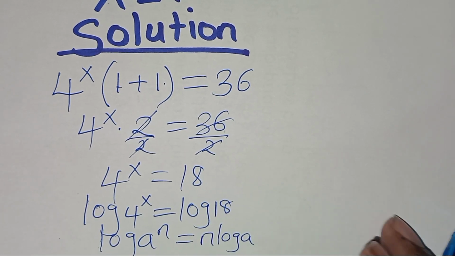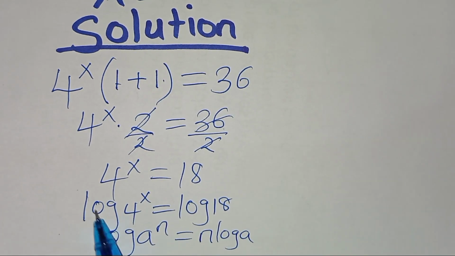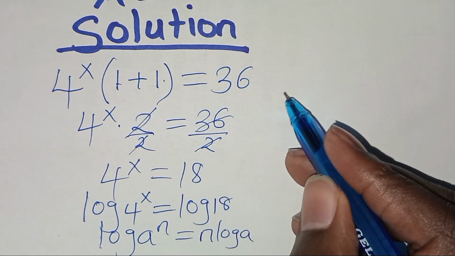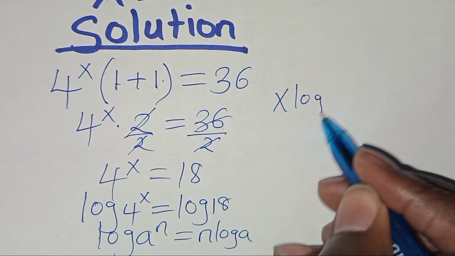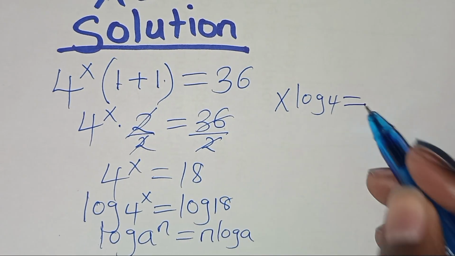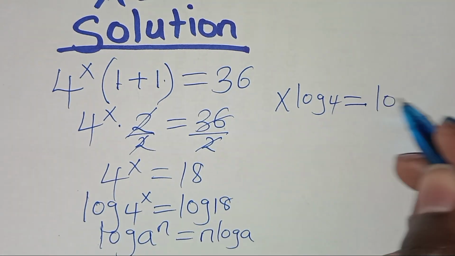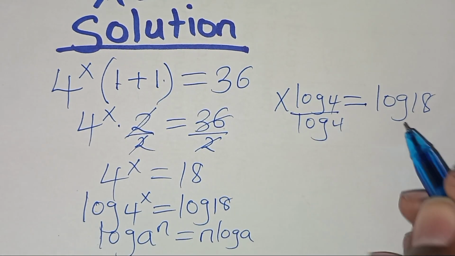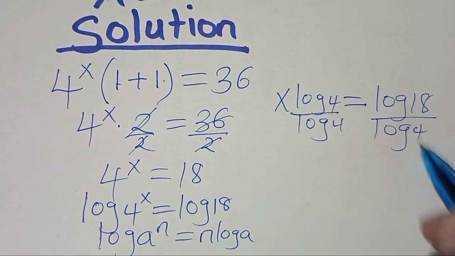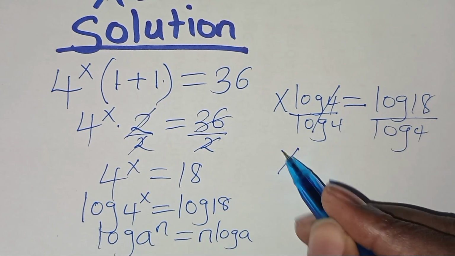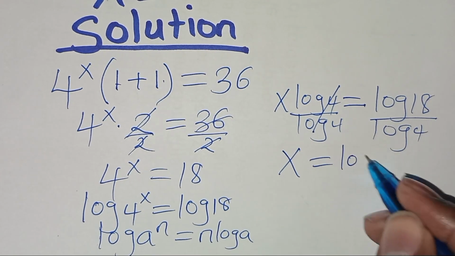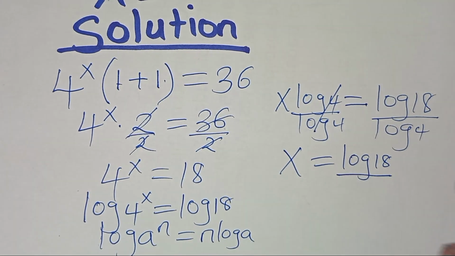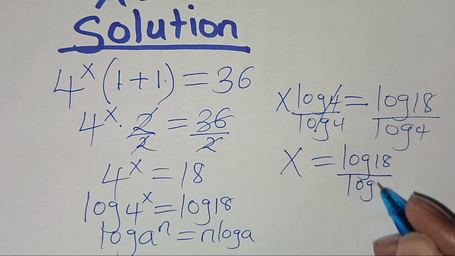So applying this power rule property, log 4 to power x becomes x log 4. This is equal to log 18. So let's divide both sides by log 4. So here, x is equal to log 18 divided by log 4.